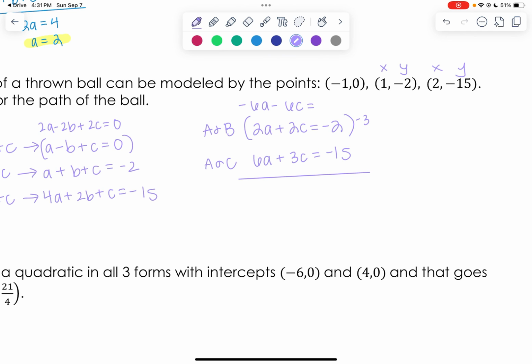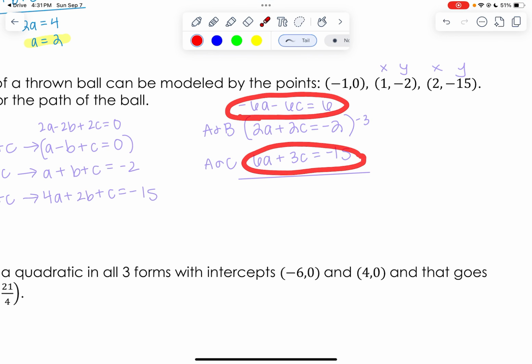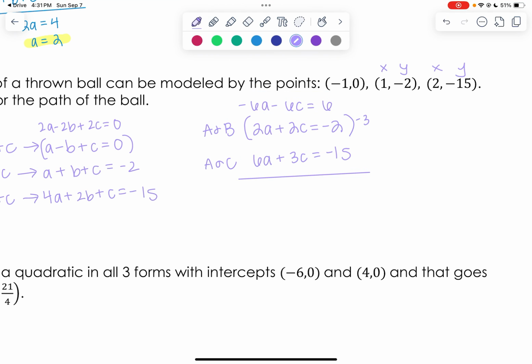And negative 2 times negative 3 would be 6. So now I have this and this that I'm adding together. So my a's are going to cancel. Negative 6c plus 3c would be negative 3c equals, that's 6 plus negative 15, that would be negative 9. So that would make c equal 3.